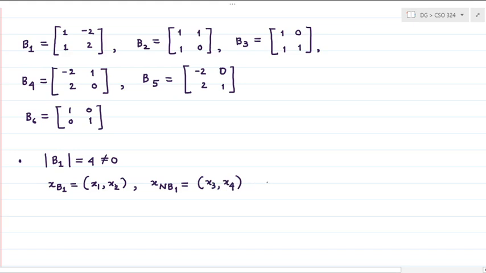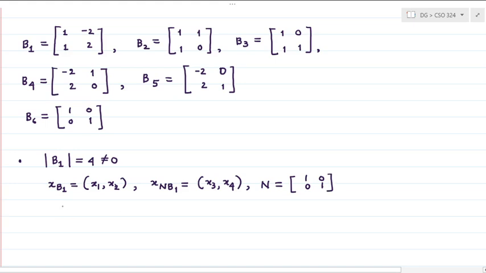You also have to find the matrix N of the rest of the column vectors of A which are not in B1, and therefore in N you will have the matrix with columns 0 1.